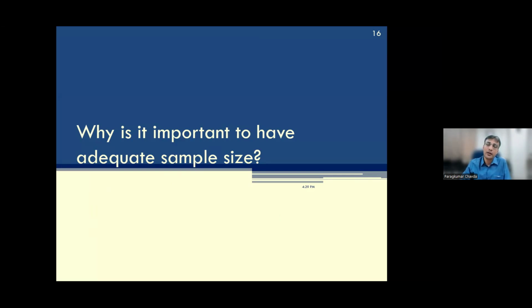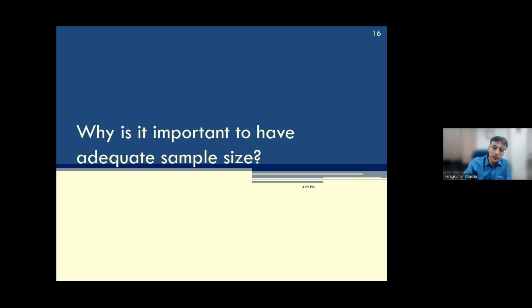When we are ready to share our findings with the world, specifically in quantitative research, peers would be ready with questions as to how confident you are about your study results. If I have done a study among very few participants, I might not be very confident that if you repeat a similar study in your setting, you are likely to come out with similar findings. So the larger the sample size, the more confidence I have in my study results.